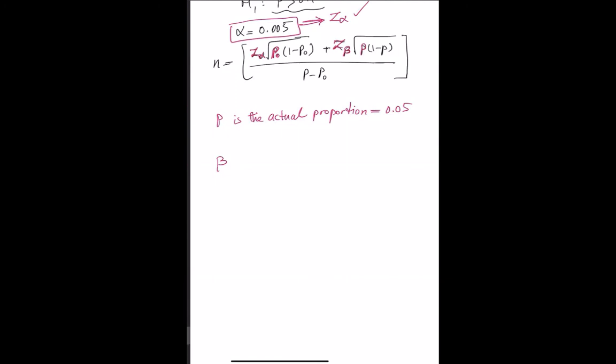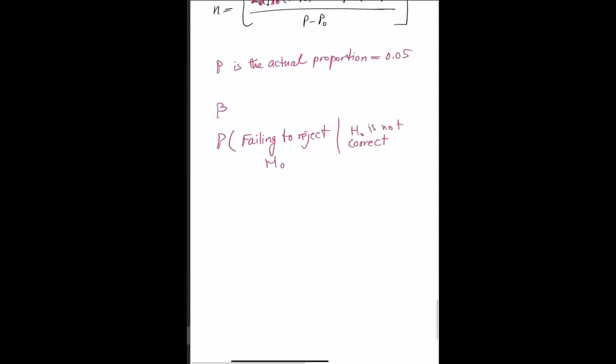The last two lines tell you basically the chance of failing to reject H null if H null is not correct.